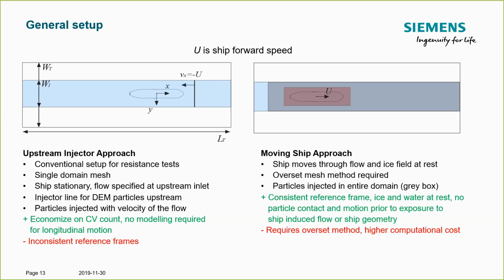The disadvantage is there's an increased modeling effort, which involves also the overset method. So we also buy in more interpolation errors, and this all comes at a higher computational cost because, first of all, the overset problem introduces an overhead, but also the fact that we'll inject this vast field of ice beforehand is more expensive than the injector line approach, very trivially speaking.